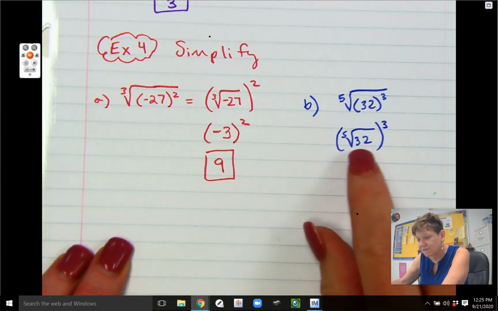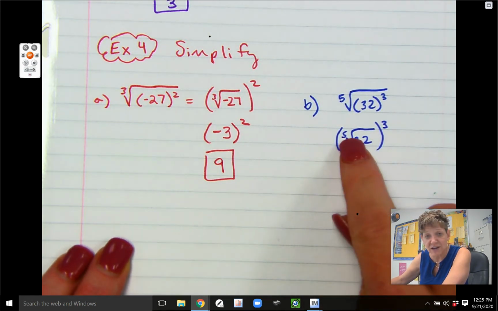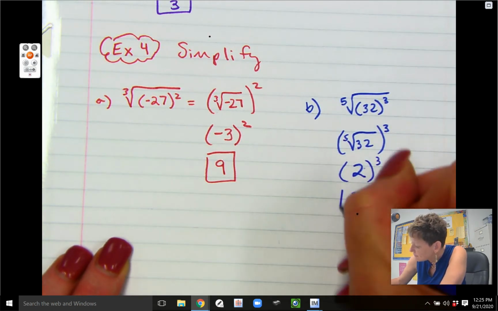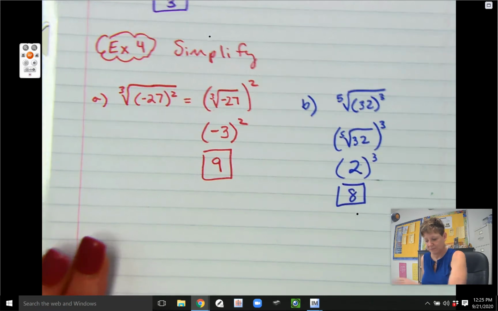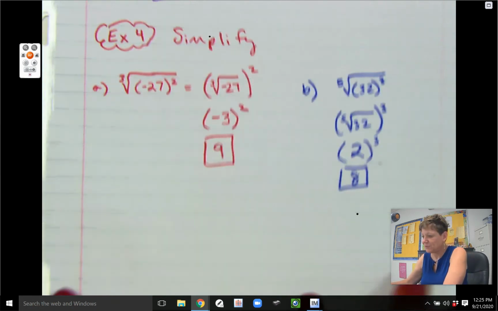The 5th root of 32 is 2. I don't have to worry about absolute values because that's odd. Cubed is 8. All right, we're getting through this.